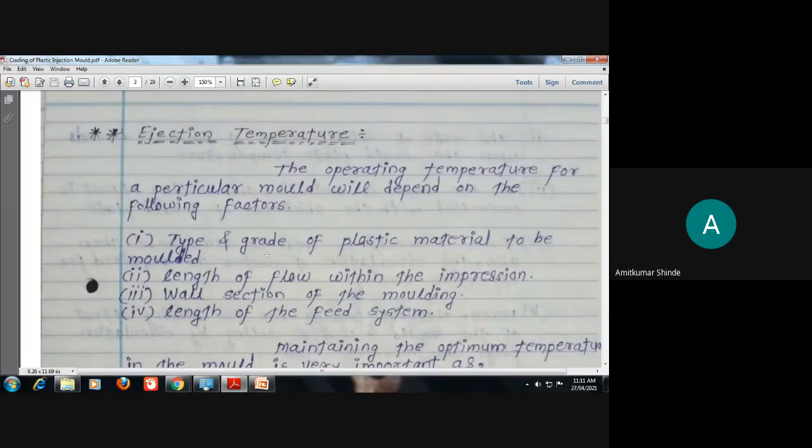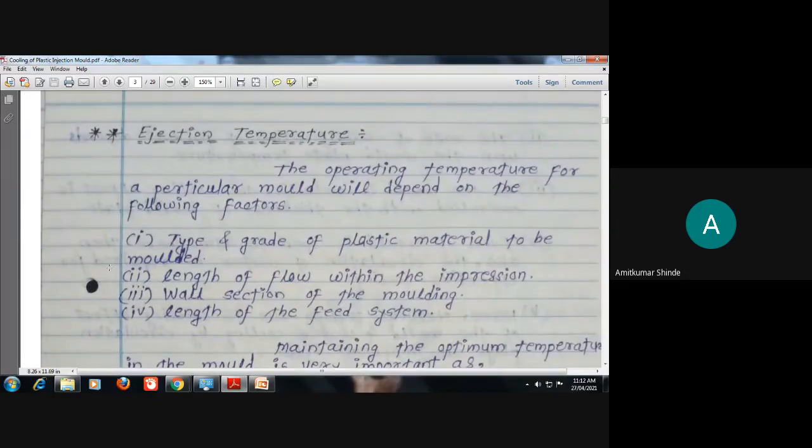Four factors will be there, and I have highlighted them here. The type and grade of the plastic material used. Depending on the material, the temperature will be different as their melting points change. Here also this ejection temperature or operating temperature will be different.